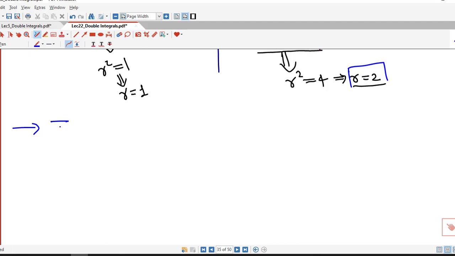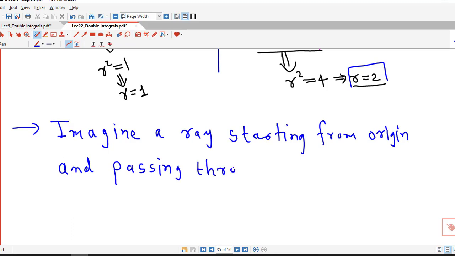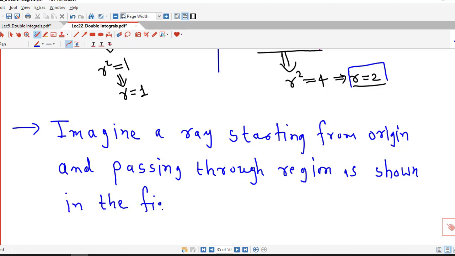We first imagine a ray starting from the origin and passing through the region as shown in the figure, and we have obtained the limits of integration for polar coordinates.